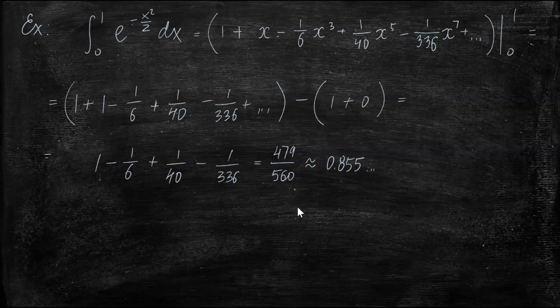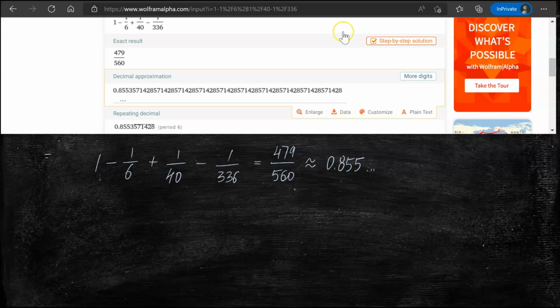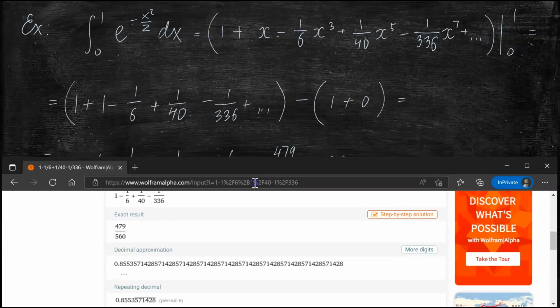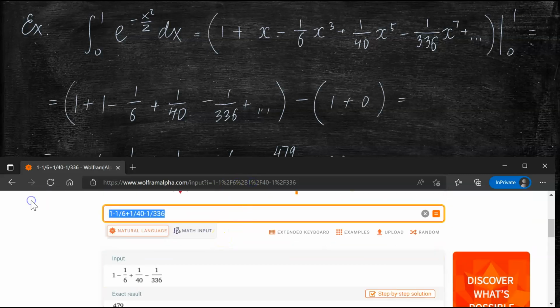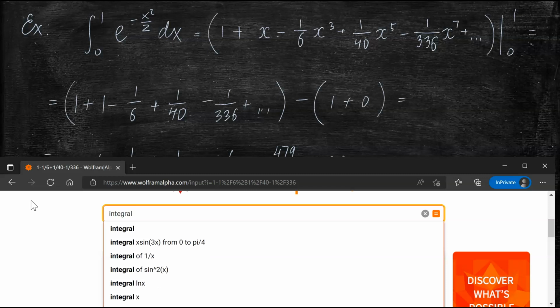And of course, without technology, we wouldn't know what the exact answer is. But right now, we can take advantage of technology and actually plug this whole problem into the calculator and see what the actual answer would be.